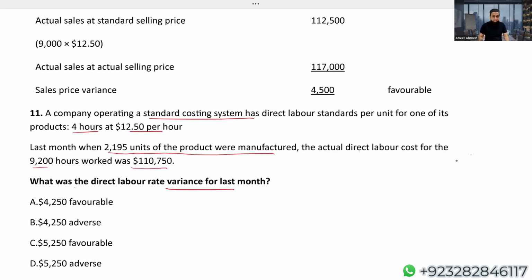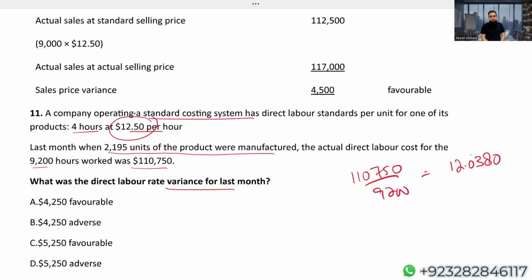If I calculate the actual labor rate per hour, 110,750 divided by 9,200, I'm getting, students, 12.0380 something.